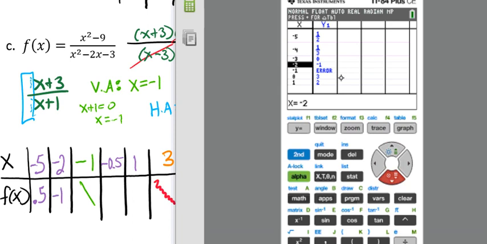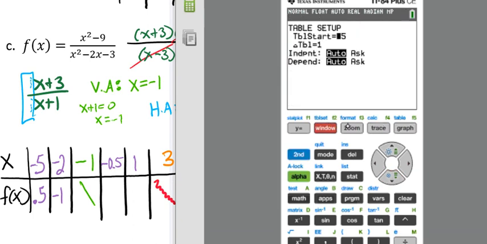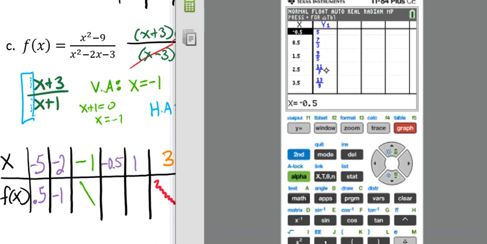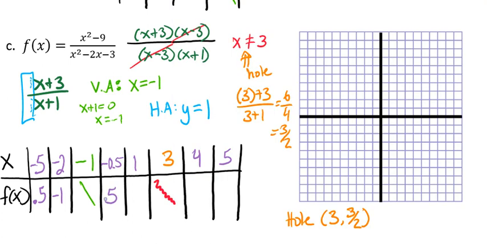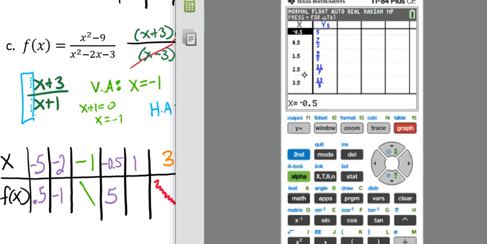When we plug in a -1/2, see, that's not there for me. So that might be one that I have to plug in myself or have it calculate for me. So if I go to my table set, I can say, would you please start at -0.5, then go back to my table, and it'll tell me that value is a 5. Then I'm going to switch because I don't want to count by 0.5.